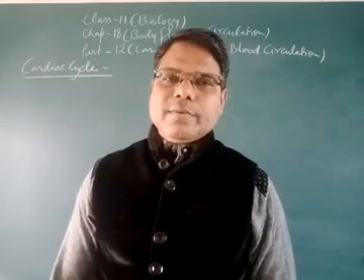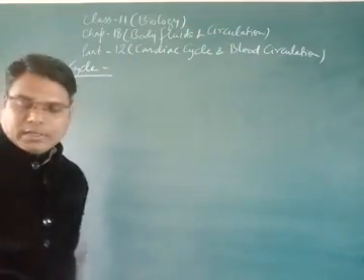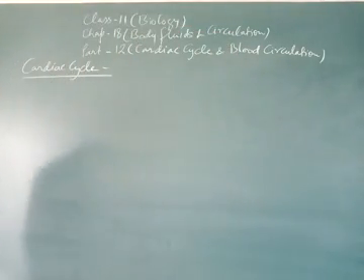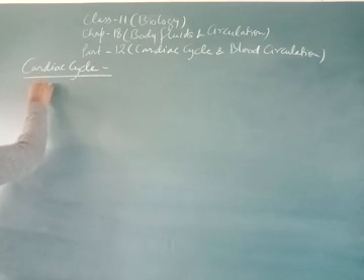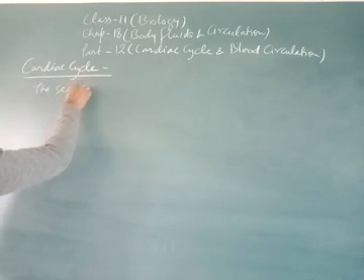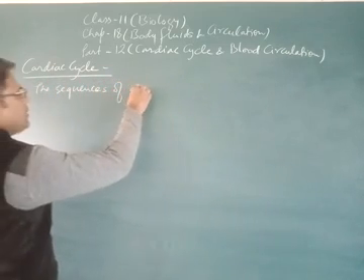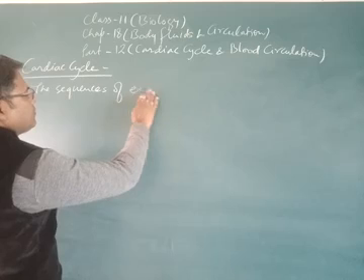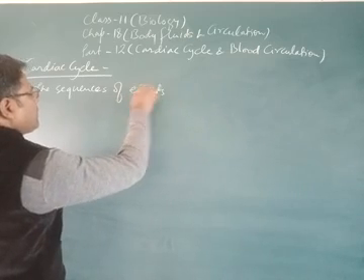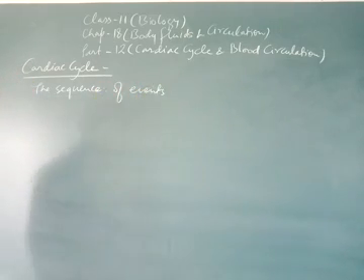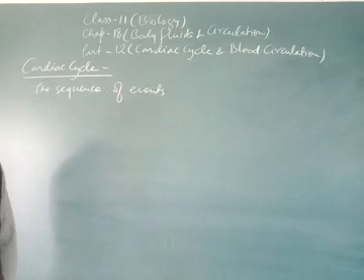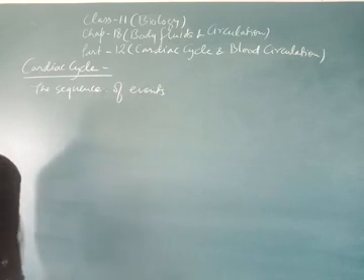Thus, the definition of the cardiac cycle is the sequence of events that occurs during one heartbeat.